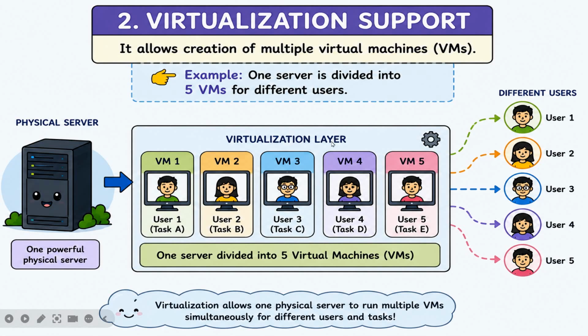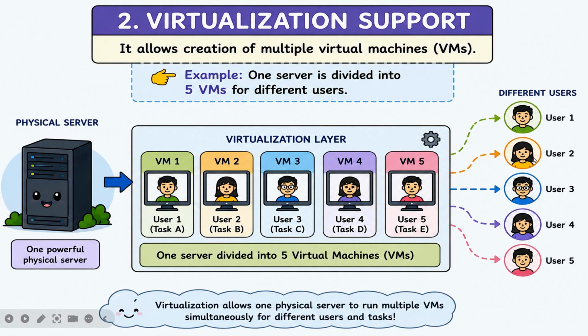So in the center, the virtualization layer divides the physical server into 5 different virtual machines, that is VM1, VM2, VM3, VM4 and VM5. Now each virtual machine works like an independent computer with its own task, operating system and applications.